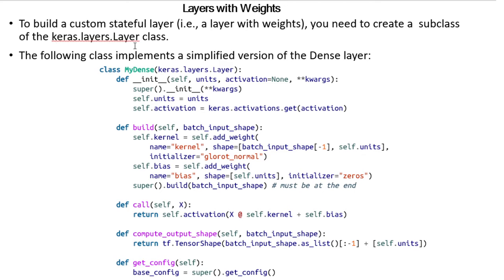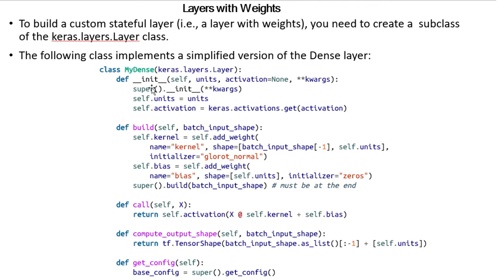You can see a code here where we have created the MyDense layer class. In this particular class, the class name is MyDense, which creates a subclass of type keras.layers.Layer that includes five methods.